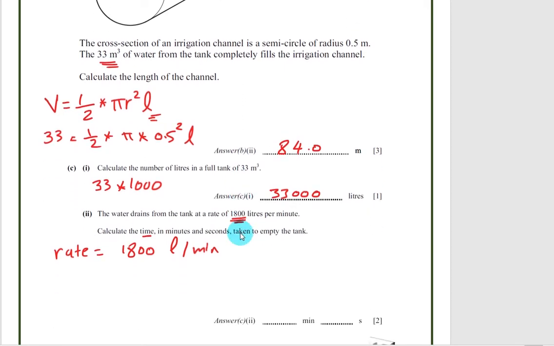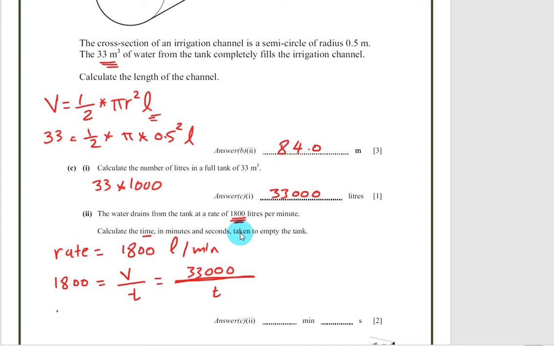So we need the time to empty the tank. This rate, which is 1800, is equal to volume divided by time. The volume is 33,000, because it's in liters, divided by the time.